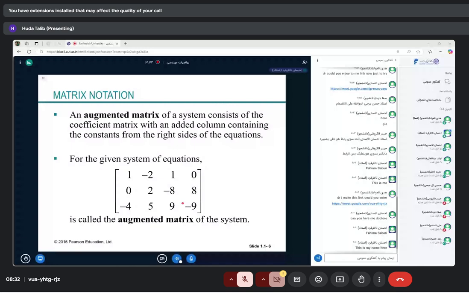If we add these two, x1 gets eliminated. We can do the same thing for the other variables. If we eliminate all of them, we are left with this one: 1, minus 2, 1, 0.